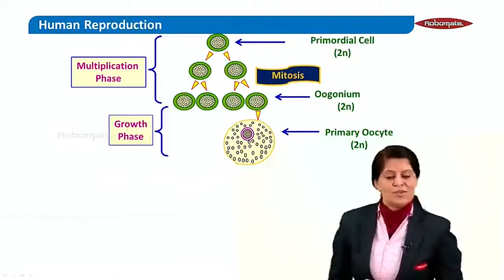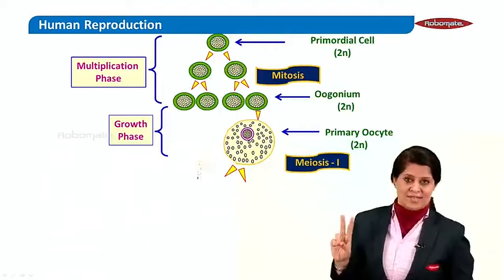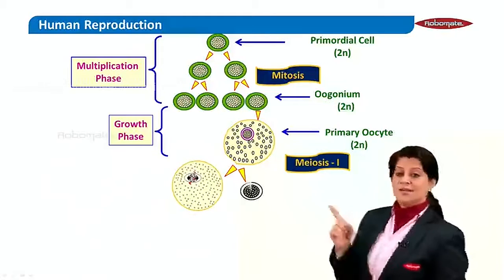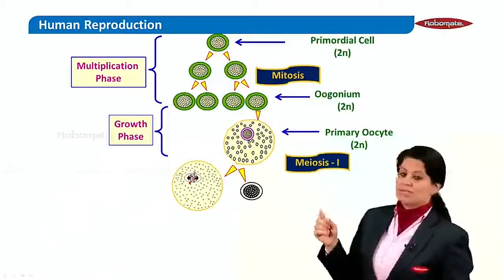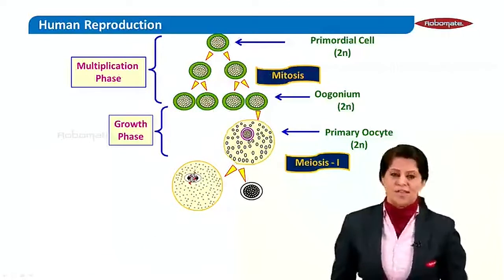So it undergoes meiosis 1, students, to form 2 daughter cells which look somewhat like this, and herein what you see is a huge unequal distribution of cytoplasm.